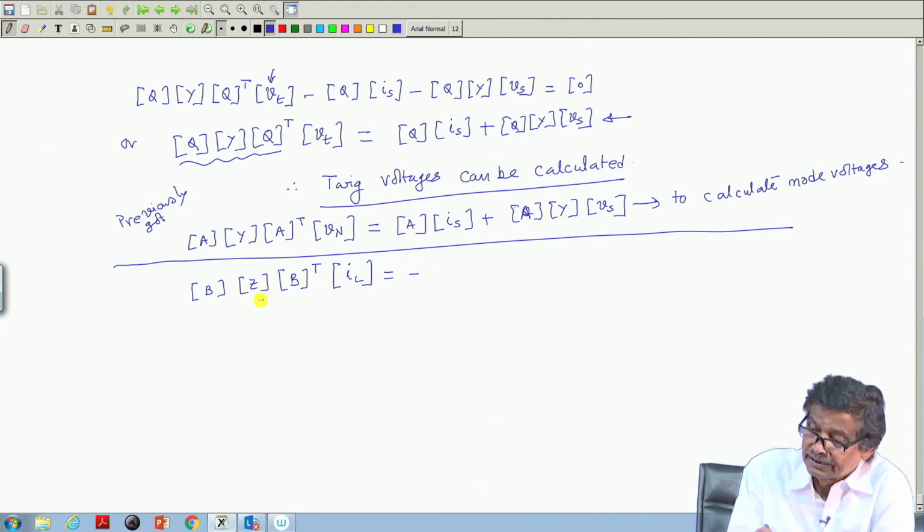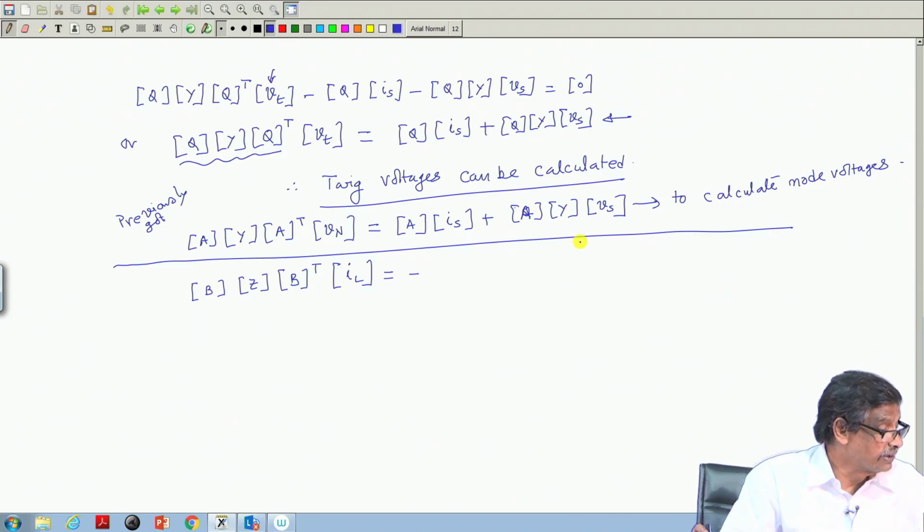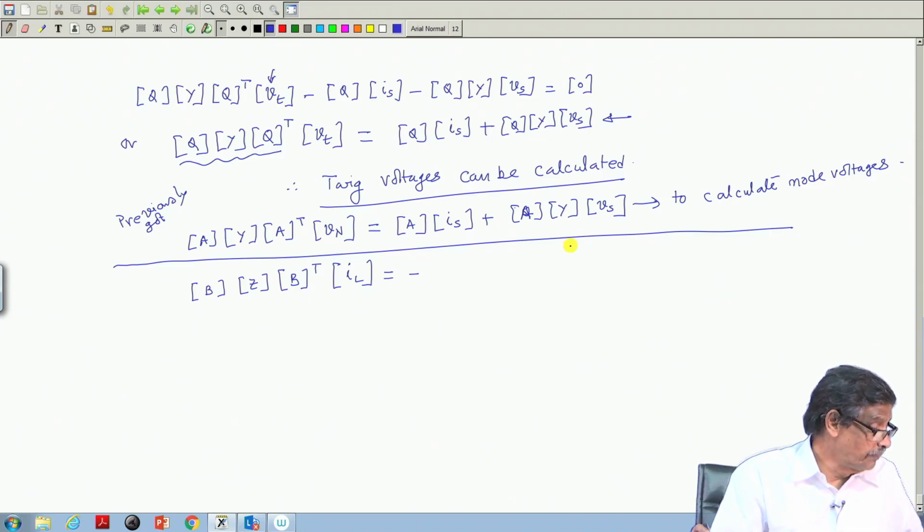Anyway, I will just check that, but here you see it is Z into I, voltage. So, voltage will remain like this. For example, I copied it somewhere.